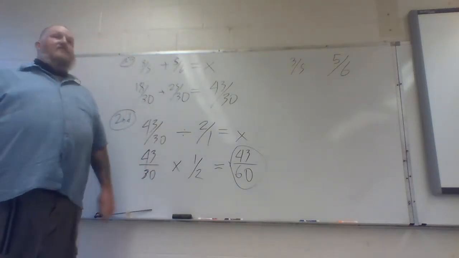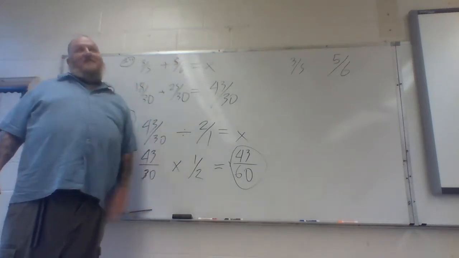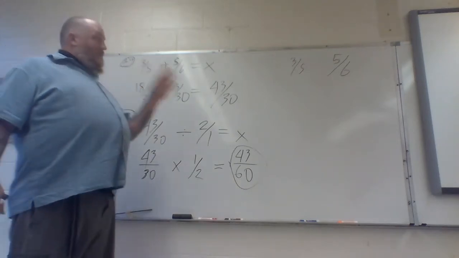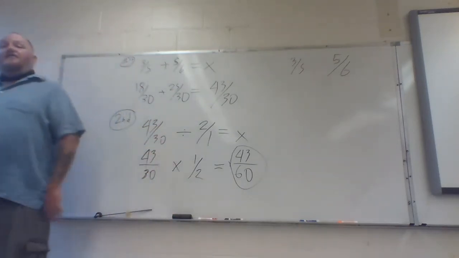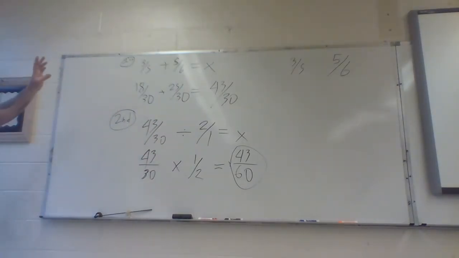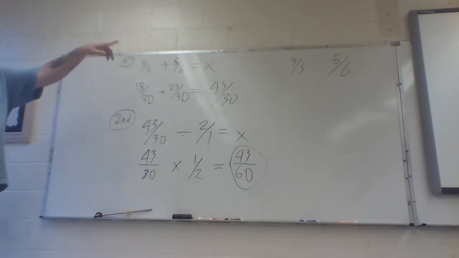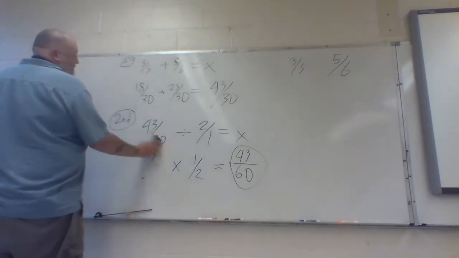So your answer is 43/60th is the halfway point between 3/5 and 5/6. And see, that's what's interesting to me about fractions, and especially finding this with the fractions, is you can always go to smaller parts. So see, we're dealing with 60ths, whereas we started with 5ths and 6ths. So that's the interesting thing about fractions, rational numbers there.